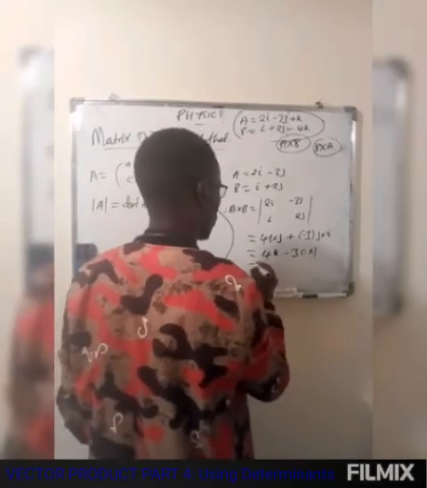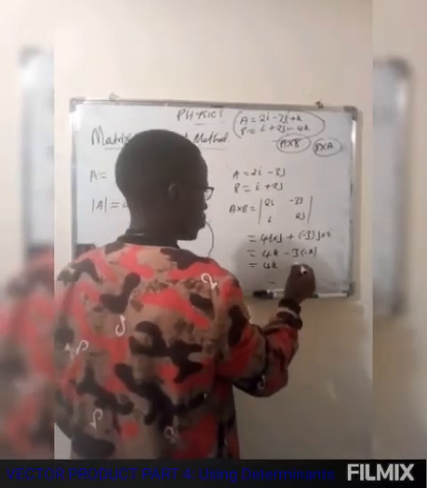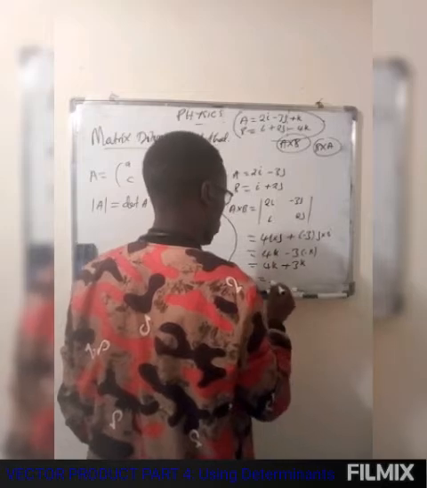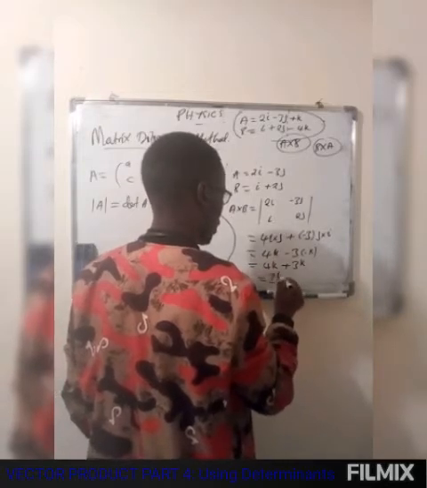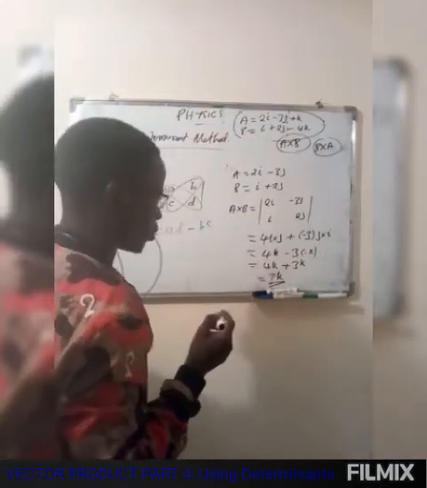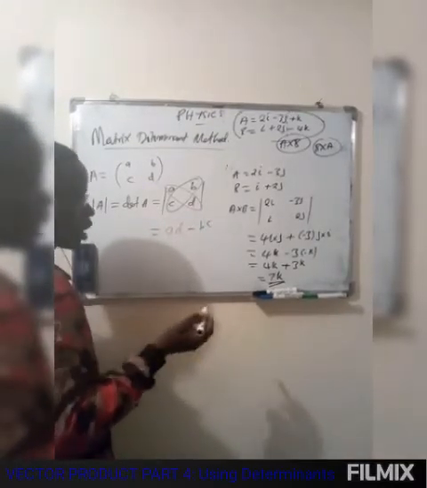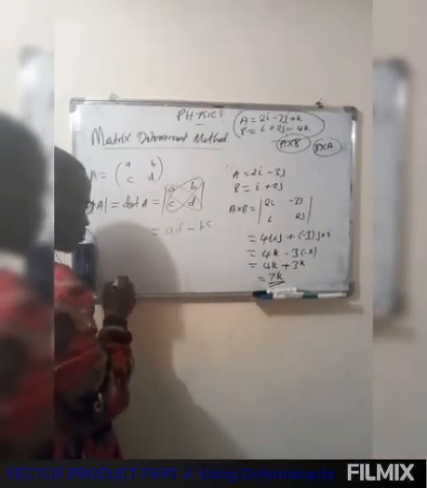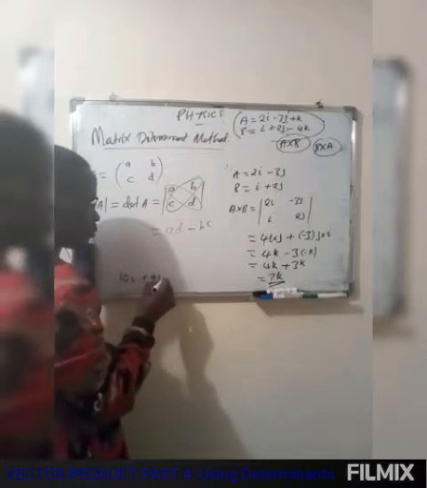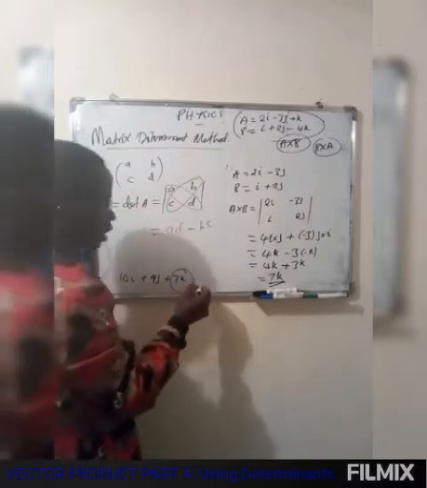And then this is going to be equal to 4k, negative and negative is positive, so this is 3k, which is going to give us 7k. If you remember in our previous video, the k in the final answer was something like 10i plus 9j plus 7k, if at all you remember. So this is what we basically have there.